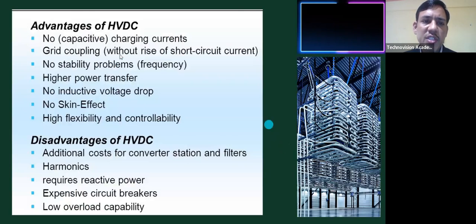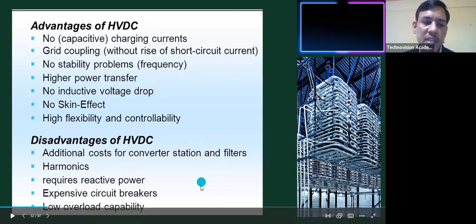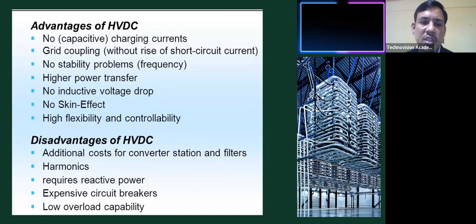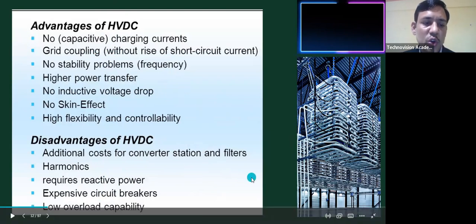So conventional HVDC has certain advantages, but some disadvantages also. But all these disadvantages are already overcome by the new technological developments, that is VSC HVDC or a combination of these current source converters and voltage source converters. There are many more advantages, but I will not go through it.